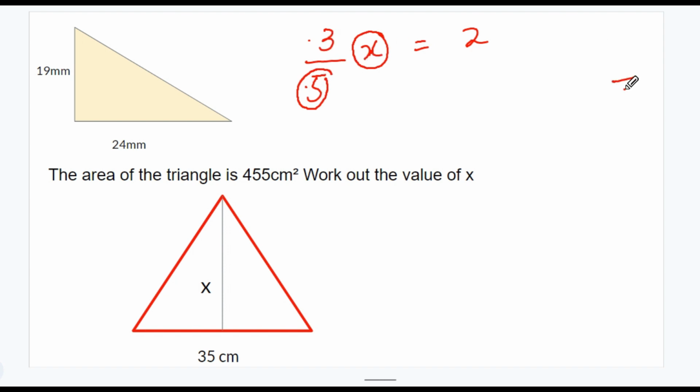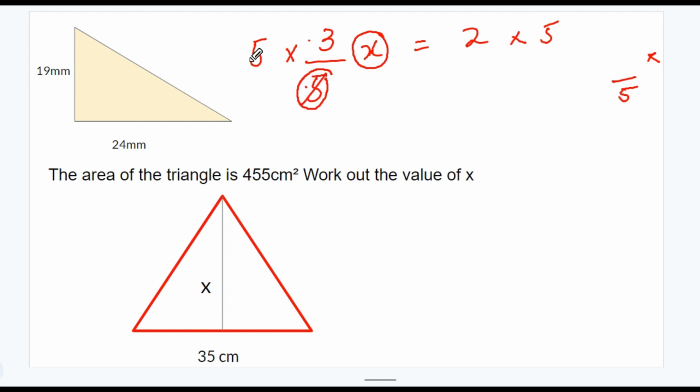When something is dividing, the opposite of division is multiplication, right? When it's in the denominator, the opposite will be in the numerator. So the opposite of dividing by 5 will be multiplying by 5, both sides by 5, right?